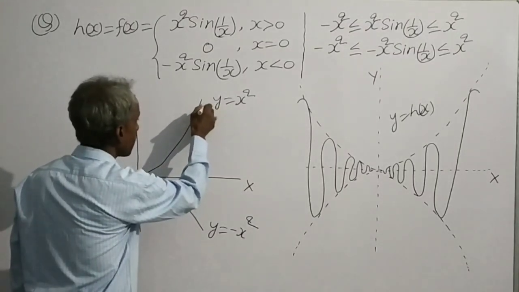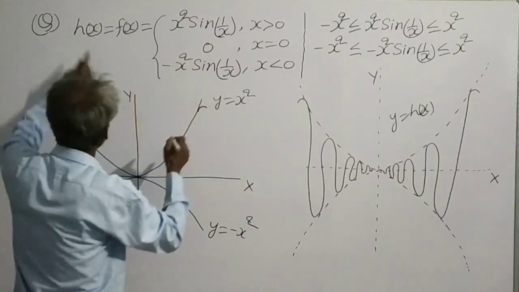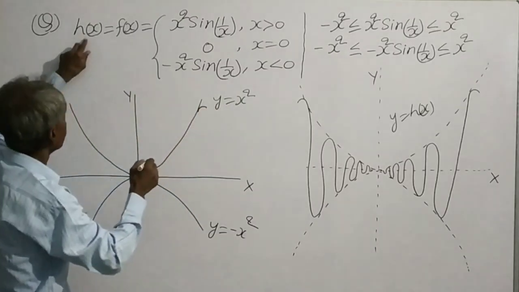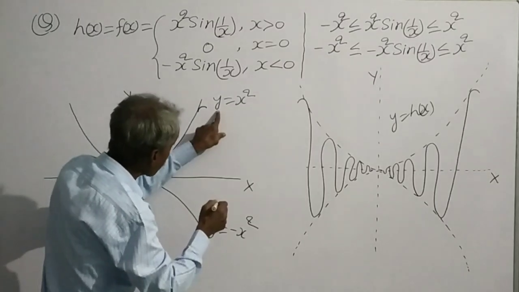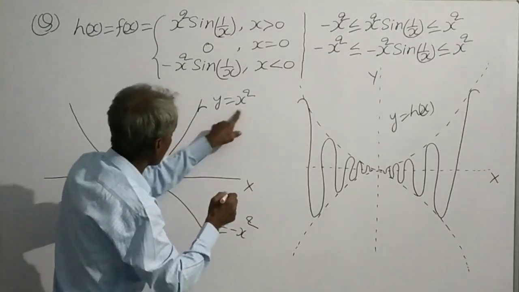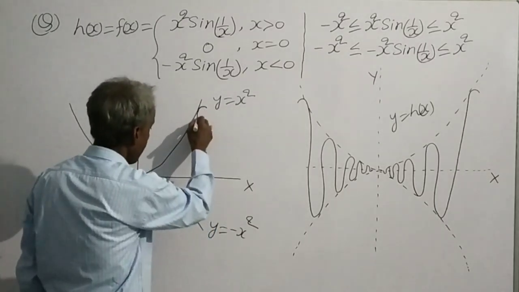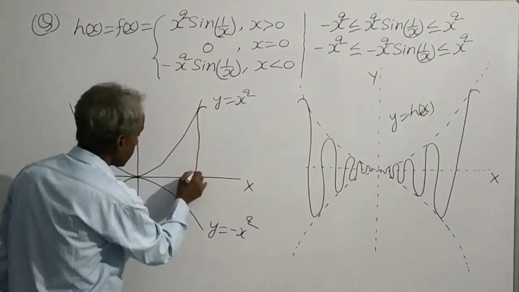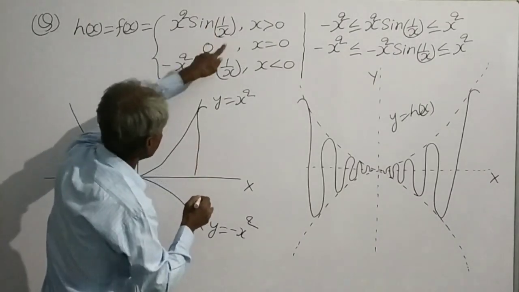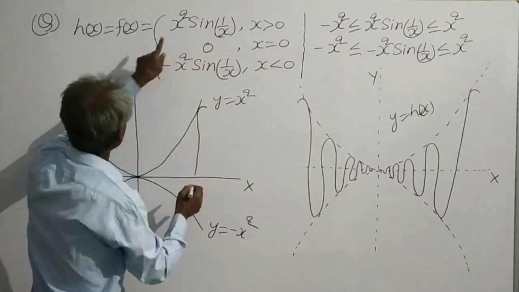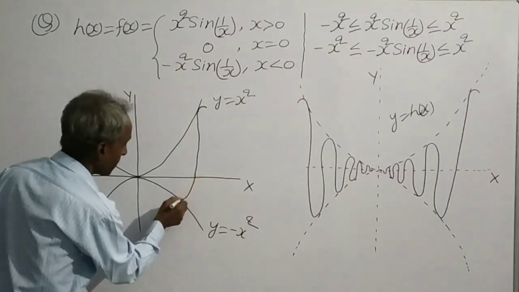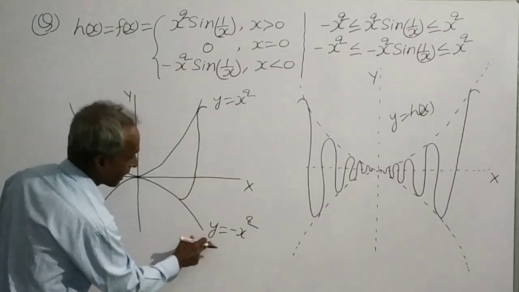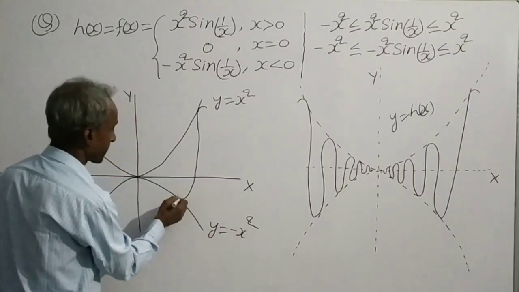That means the graph of y is equal to hx will touch the curve y is equal to x square. When sine 1 by x becomes minus 1, then the graph of y is equal to hx will touch the curve y is equal to minus x square.